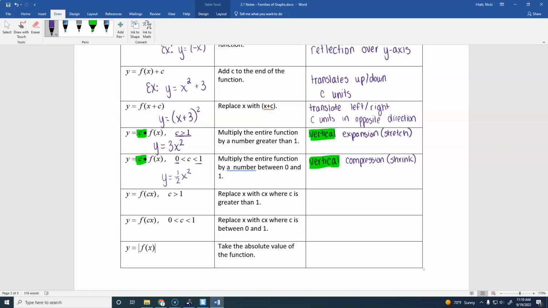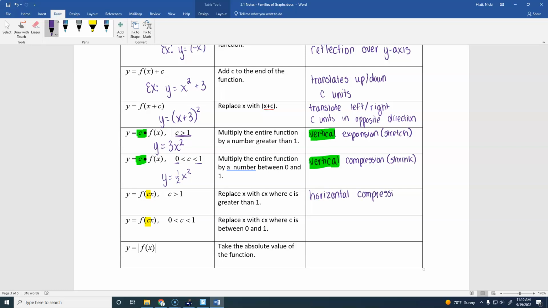Now, on the inside of the parentheses, this is also going to cause expansions and compressions, but on the inside of the parentheses. So when that C right there shows up on the inside of the parentheses, we are going to have a horizontal compression.